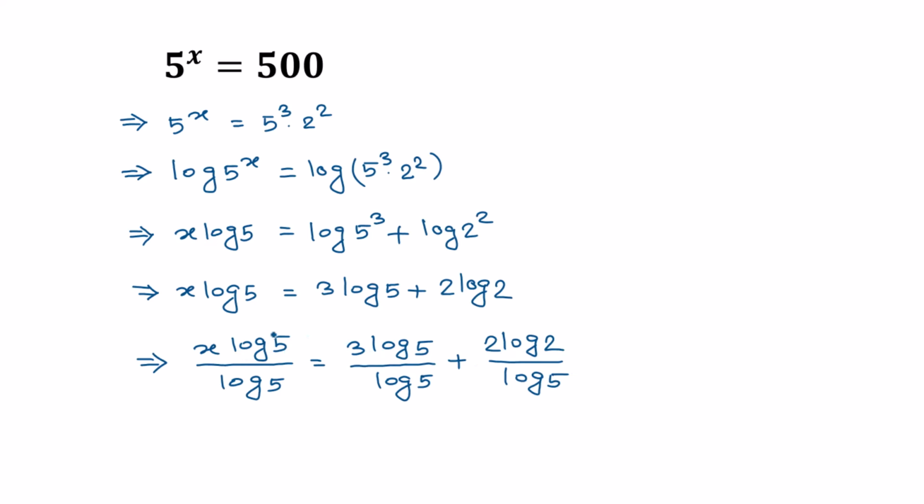Now in the left side, log of 5 and log of 5 will cancel out and it will remain x, so x is equal to, now here log 5 and log 5 will cancel and it will remain 3 plus 2 times log of 2 divided by log of 5.